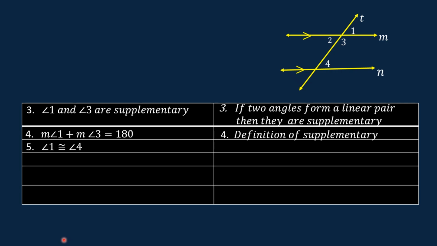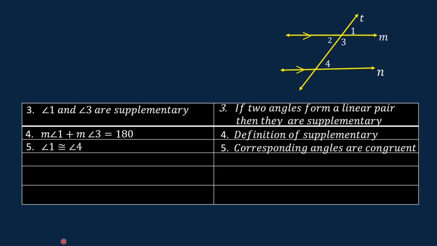Statement number 5. Angle 1 is congruent to angle 4. This is angle 1 and this is angle 4. These two angles are corresponding angles and corresponding angles are congruent. Therefore, the reason is corresponding angles are congruent.